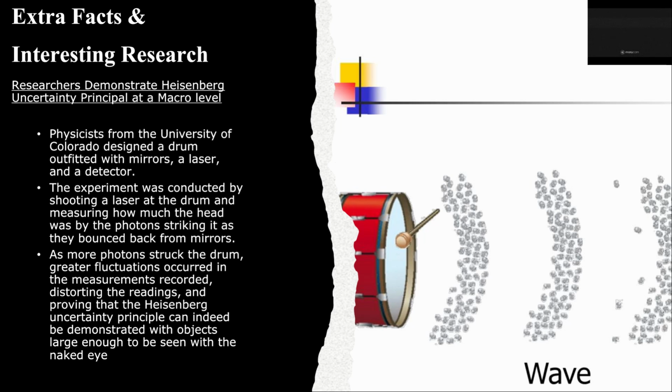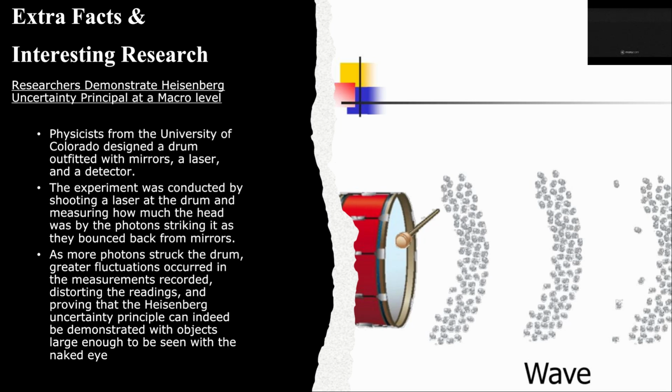However, researchers from the University of Colorado have demonstrated the Heisenberg uncertainty principle at a macro level by using a drum outfitted with mirrors, a laser, and a detector. They started by building a frame made out of silicon, with each side being 0.5 millimeters long. They then stretched a thin film of silicon nitride over the frame to create a drum head.